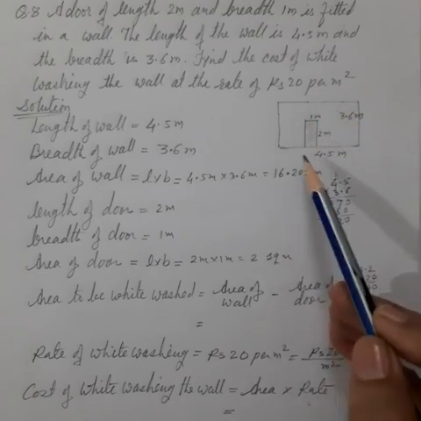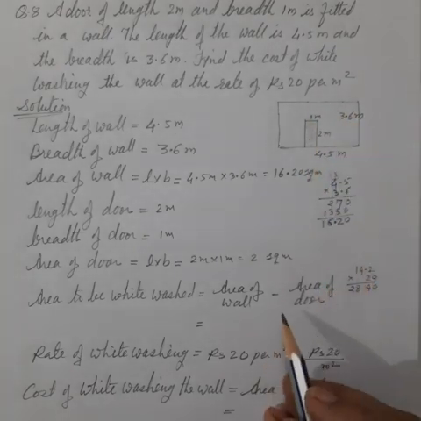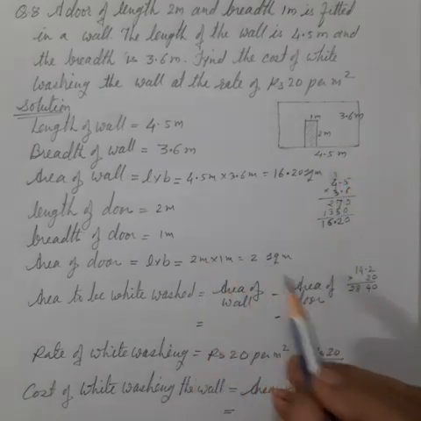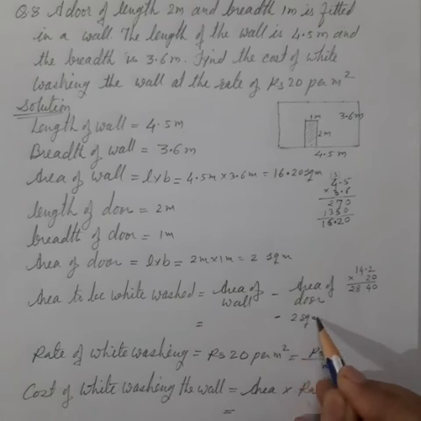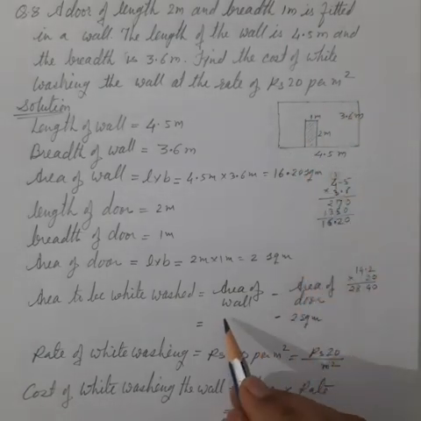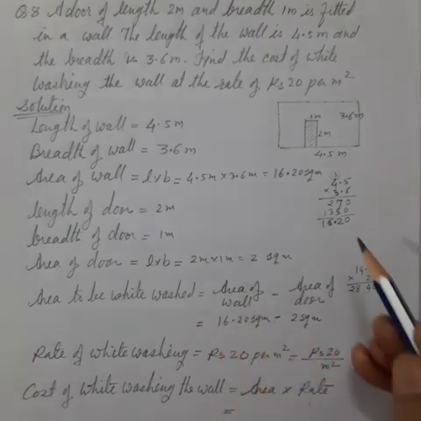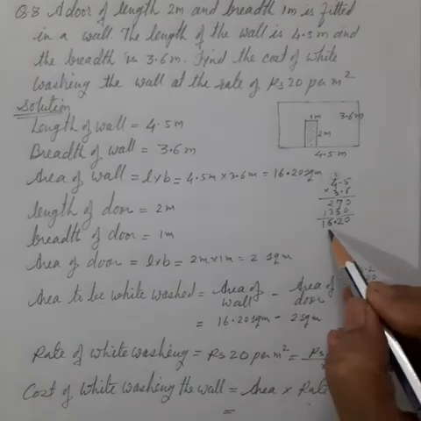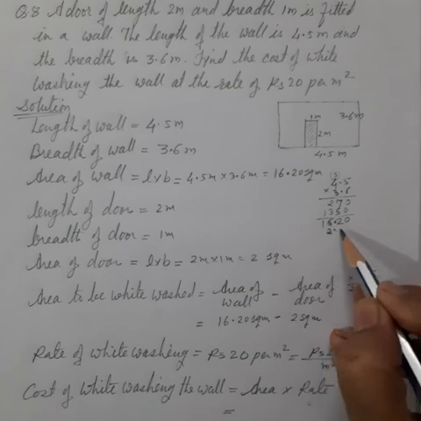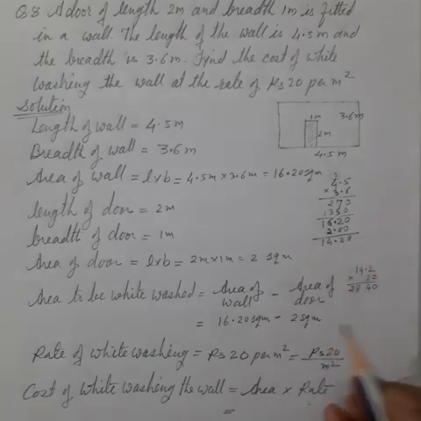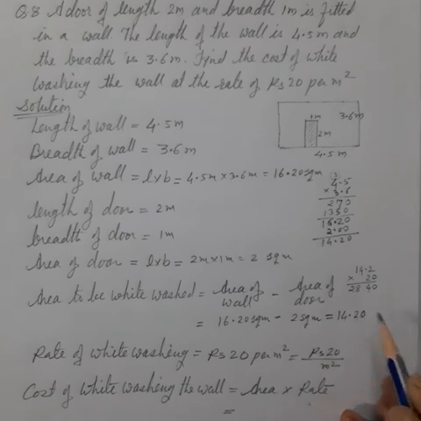To get this remaining area, we have to subtract the area of the door, that is 2 square meter, from the area of the wall, 16.20 square meter. 2 is a whole number, so 2 will be on the ones place, with the point below the point, and then subtract. So we will get 14.20. So this remaining area is 14.20.